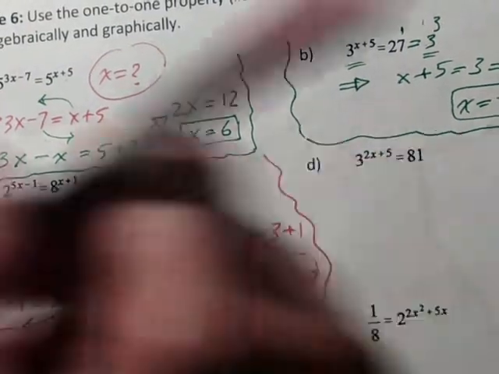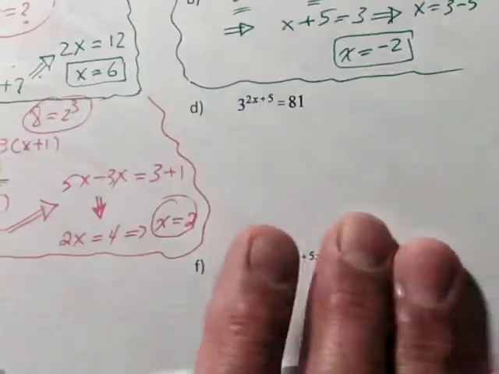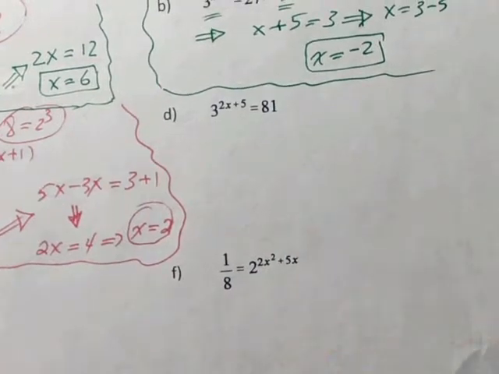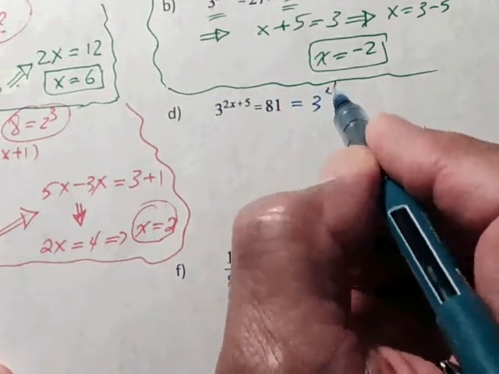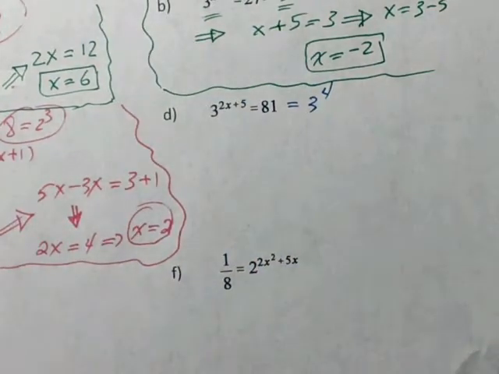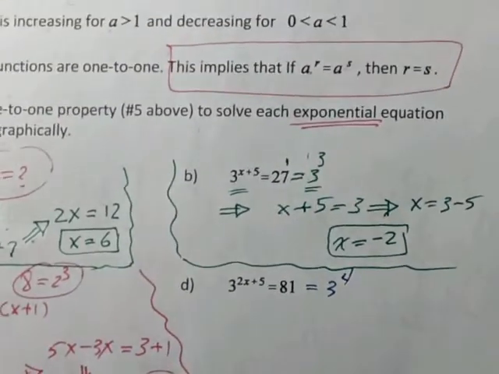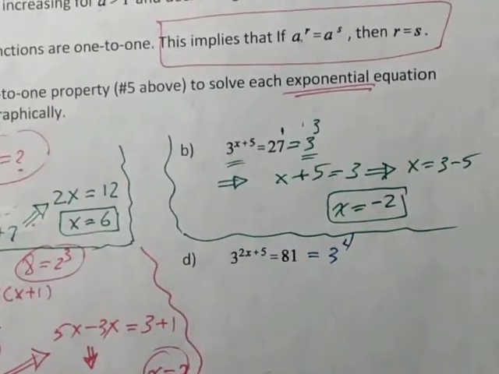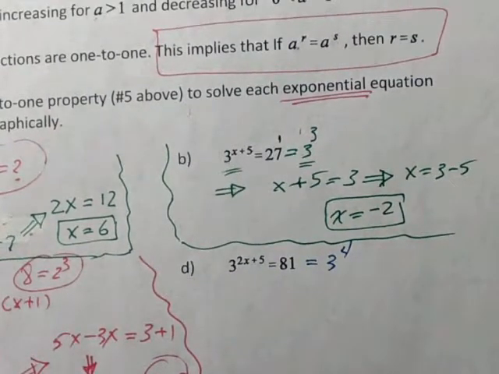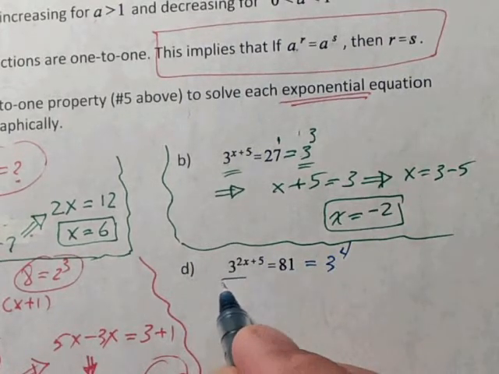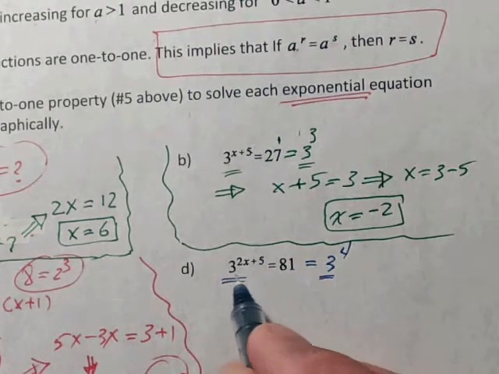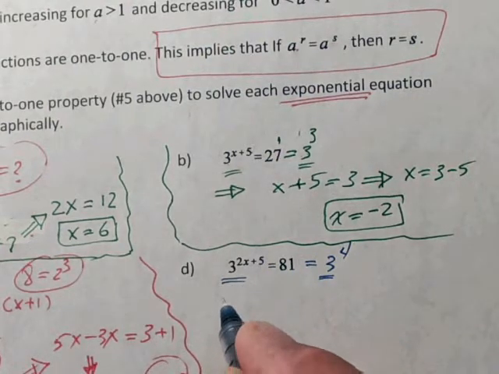Now this next one, 81 is actually 3 to the power 4. That's what 81 is. 3 to the power 4. So now I have one exponential on the left, one on the right, both have the same base, so exponents must be equal.